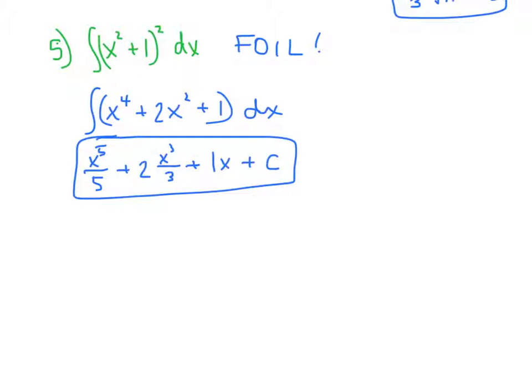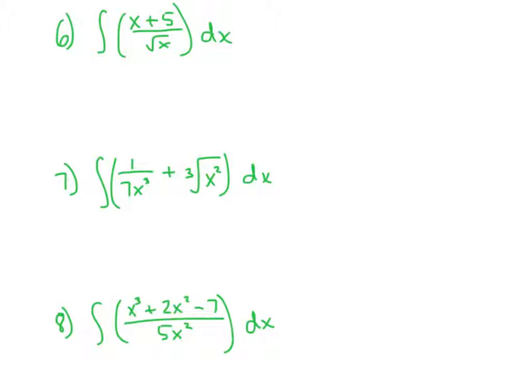Okay, we're going to go ahead and practice a few more of these just to get more and more confident in our integration rules. Okay, number 6, the integral of x plus 5 divided by the square root of x dx. So again, we have to use our rewriting skills first before we try and do anything. So the first thing I'm going to do is rewrite this as x plus 5 divided by x to the 1/2 dx.